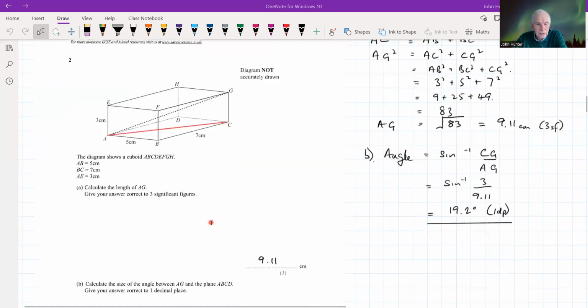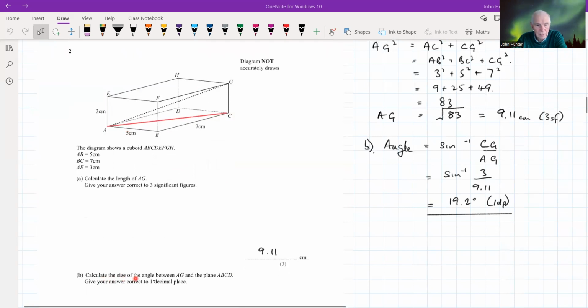Right, and then it says here, calculate the size of the angle between AG and plane ABCD. So again, which angle is this? We want an angle which is kind of perpendicular to this plane ABCD here. So hopefully you can visualize that angle there being the angle that we need. Now we've got all 3 sides here.